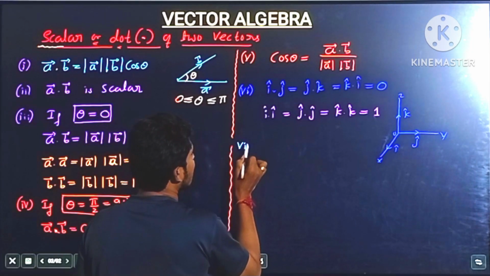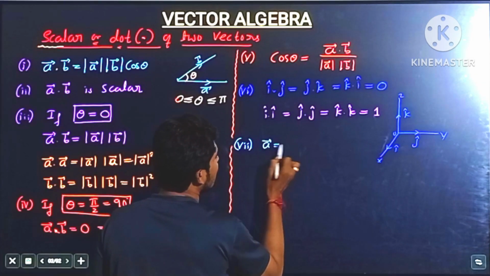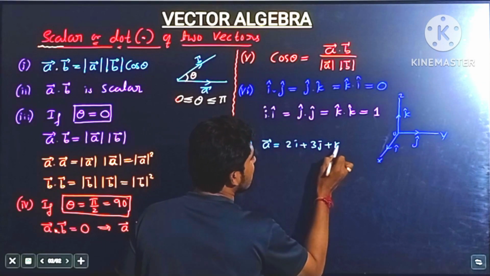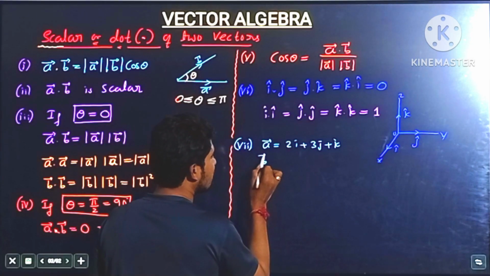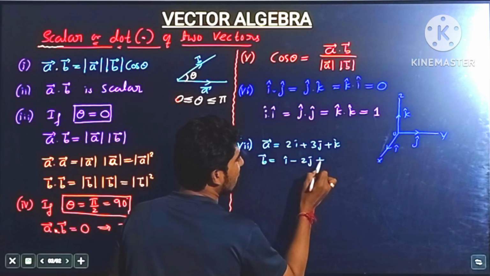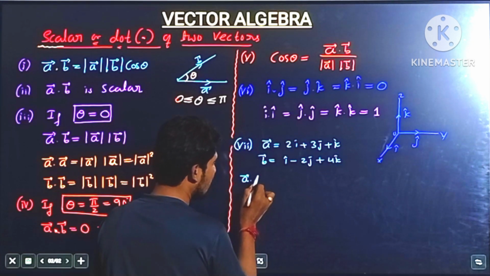Next point, that is the seventh point. If A vector is equal to 2i plus 3j plus k and B vector is equal to i minus 2j plus 4k, then what is the value of A vector dot B vector?